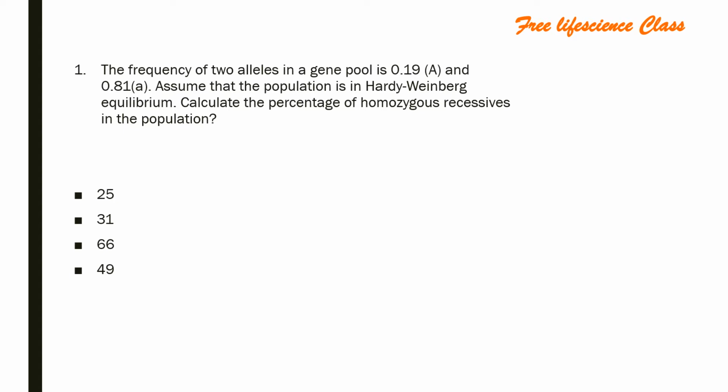In this question, the frequency of two alleles are given, that is 0.19 and 0.81. Assume that the population is in Hardy-Weinberg equilibrium and they are asked for calculating the percentage of homozygous recessive in a population. So we have to find the a square.